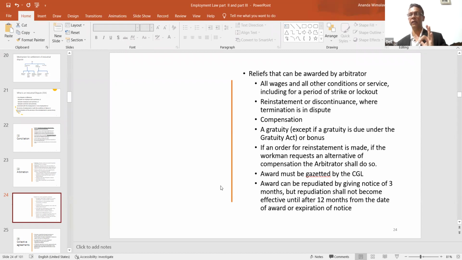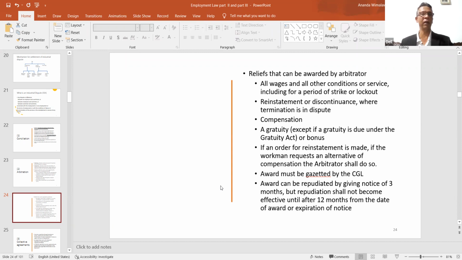Any differences or dispute between employer and workman in relation to what? In relation to employment, non-employment, terms of employment, conditions of labor, termination of employment, reinstatement of employment. Any differences in connection with these 6 areas?